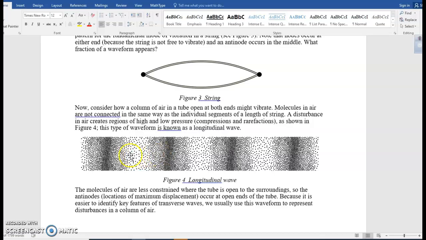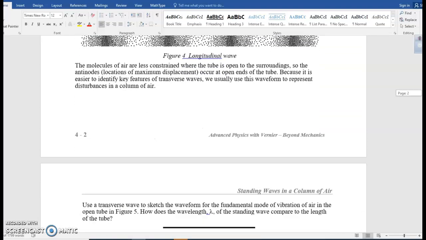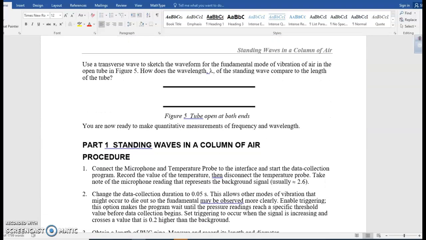We know the energy of the wave is going this way, and the molecules of the air are going this way, but we're looking at these compressions more, and they're transverse.